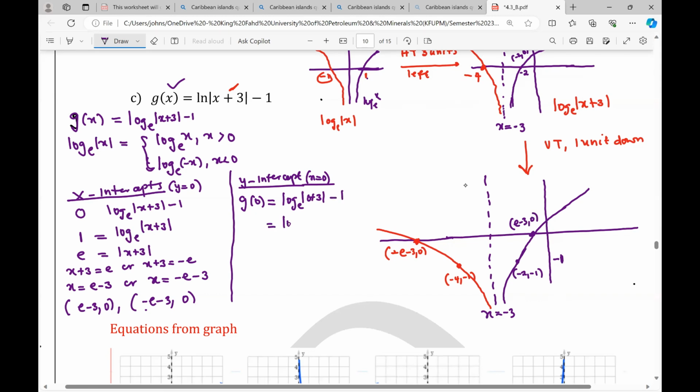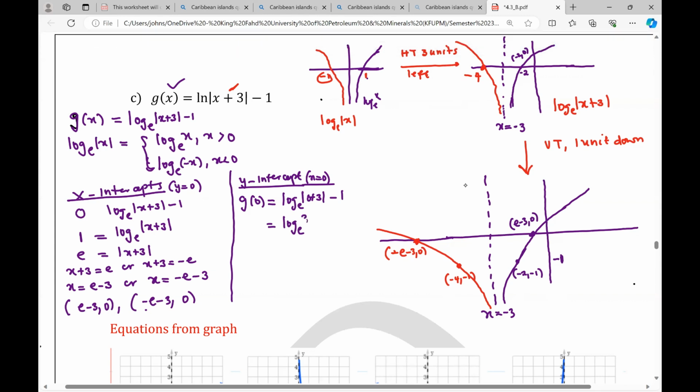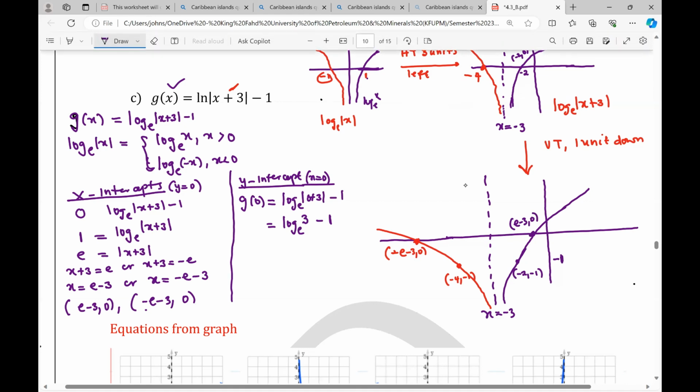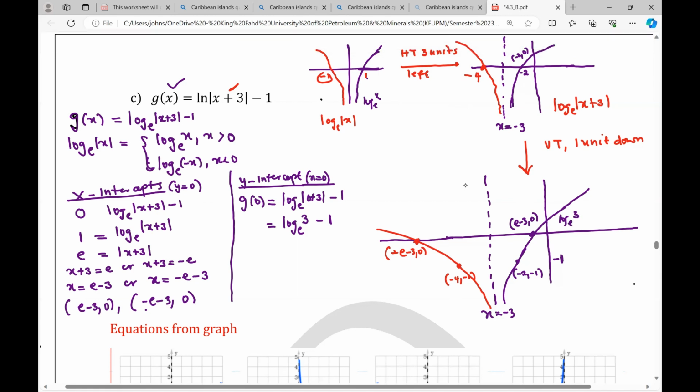And this will give us log to base e of 3, then minus 1. So this is going to be our y-intercept. So you can just write the y-intercept here, which is g of 0. So this is log to base e of 3, minus 1.